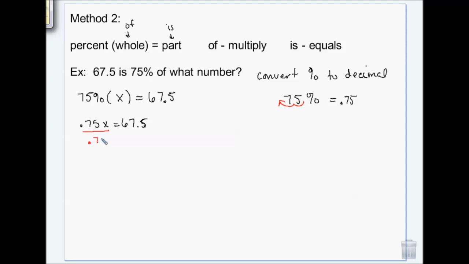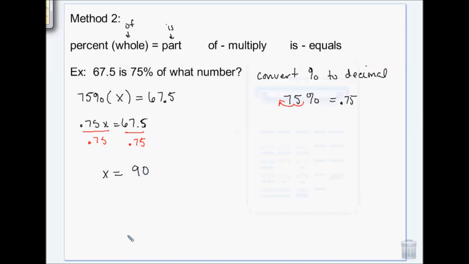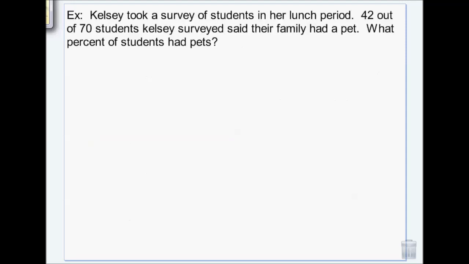Then I divide by 0.75. So x is going to be 90. For this one as well.